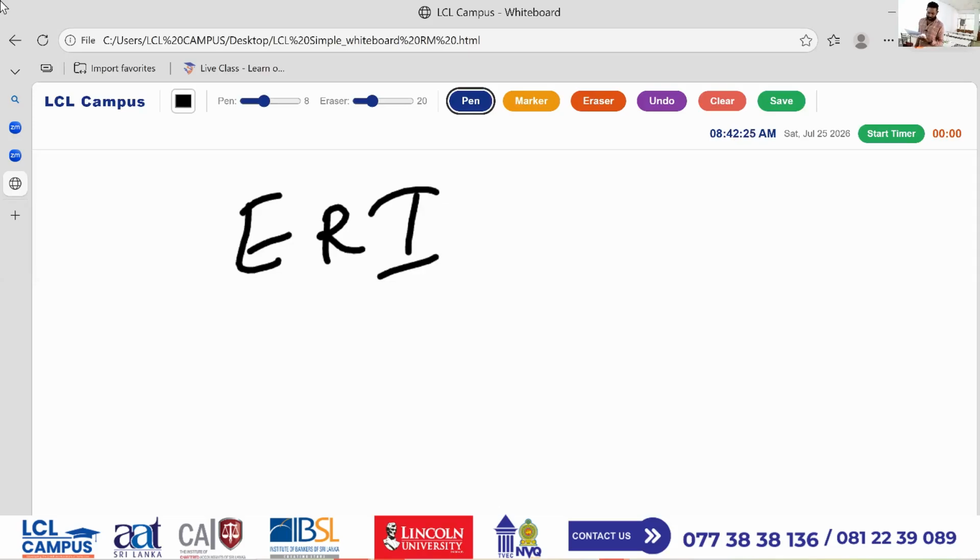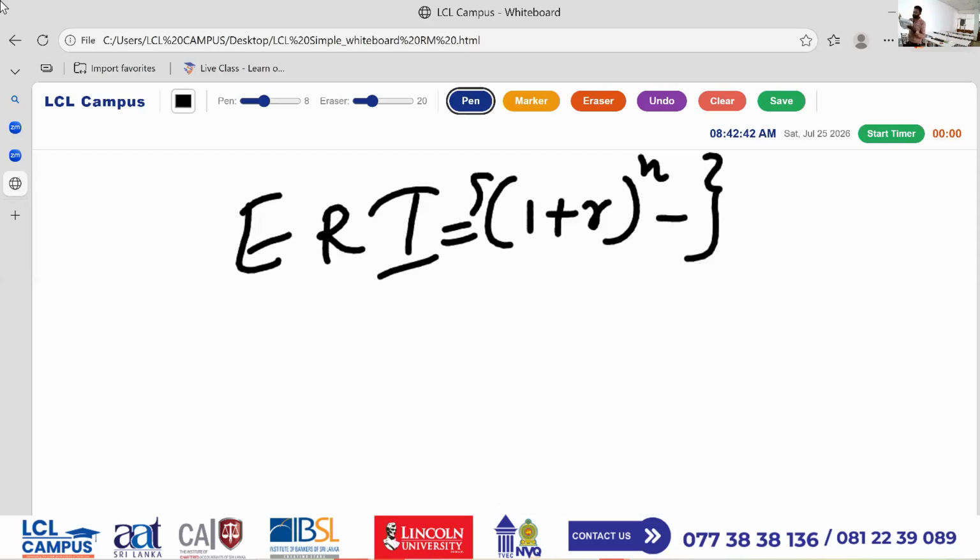Effective rate of interest: 1 plus R to the power n minus 1 into 100%. Right. The formula set gives this formula.